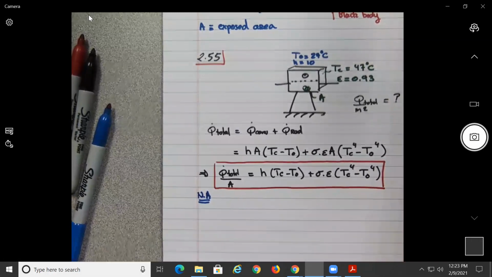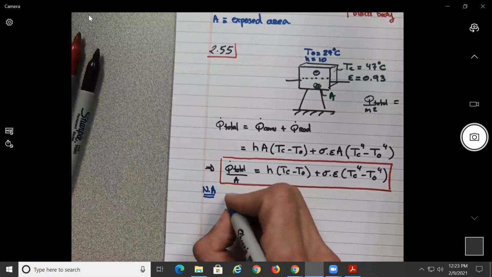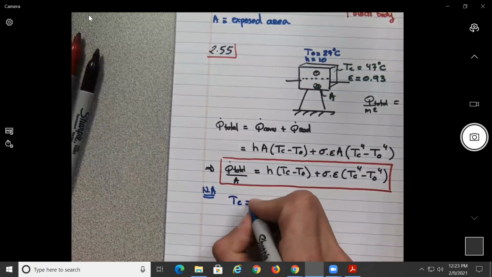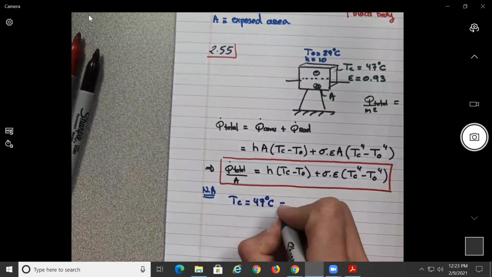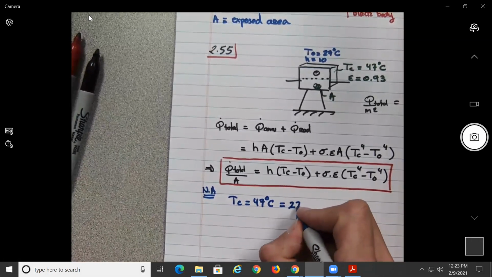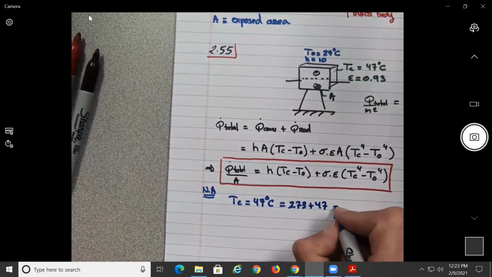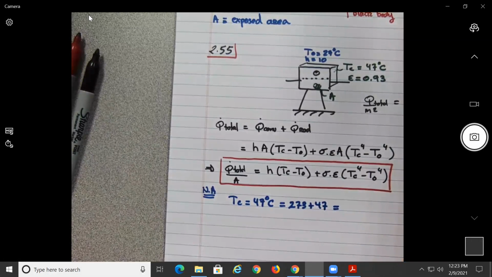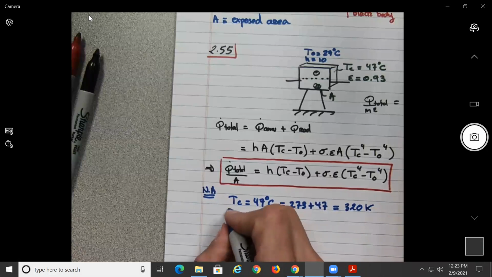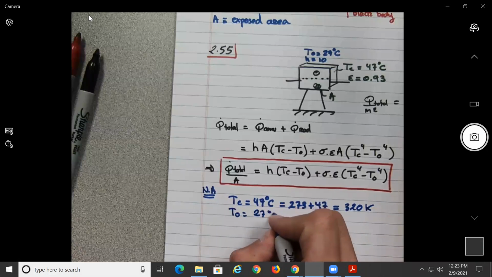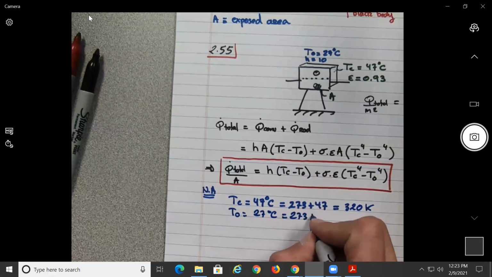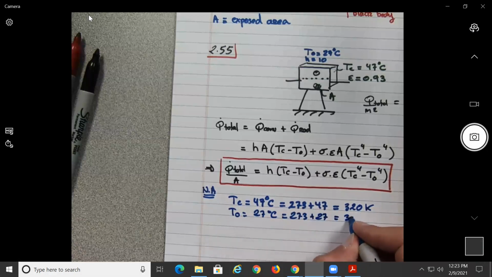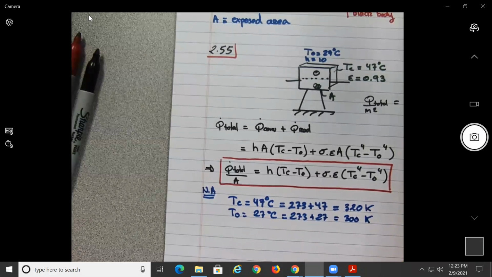Okay? So let's see, what do we know? For the calculations, we know that T contact is 47 degrees Celsius, so 273 plus 47 will give you what? 320 Kelvin. Then we know that T naught is 27 degrees Celsius, so 273 plus 27 will be 300 Kelvin.